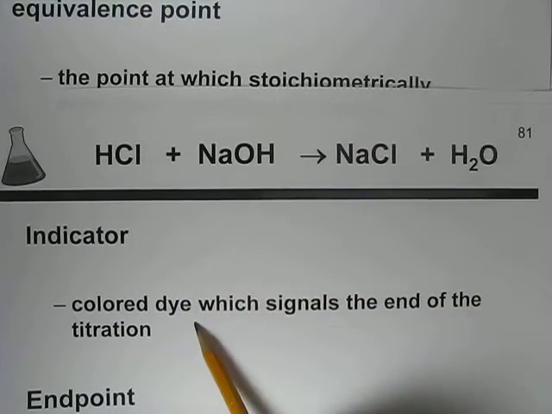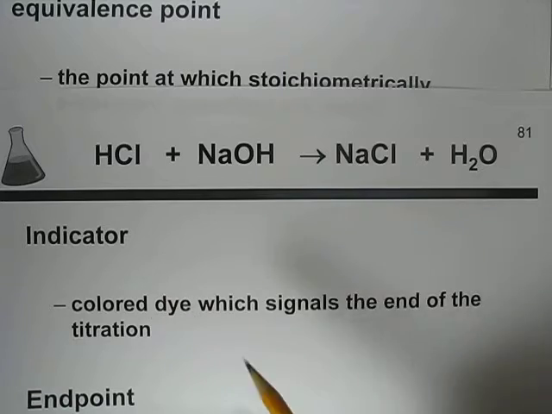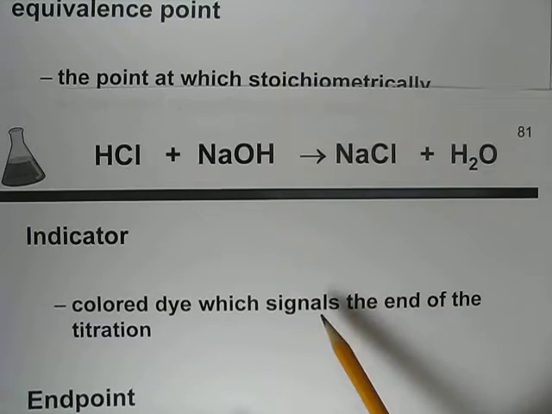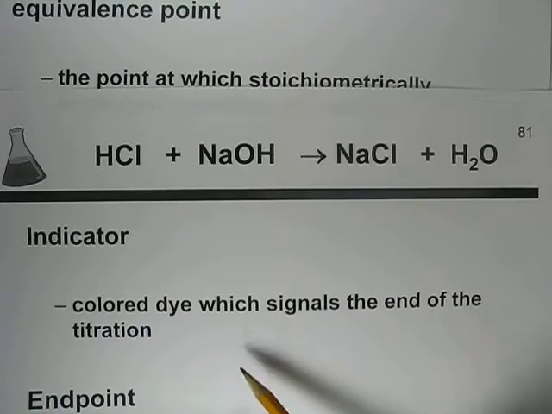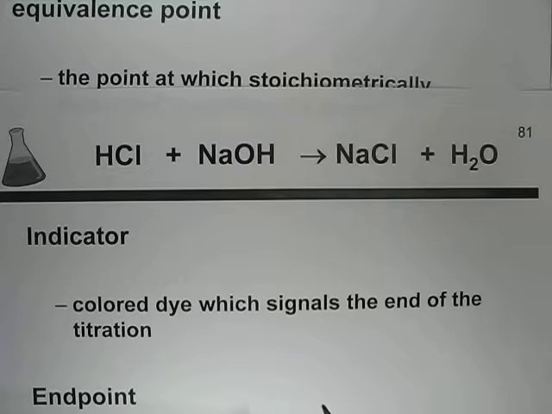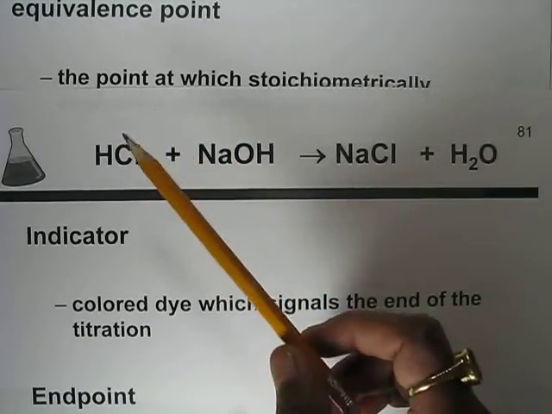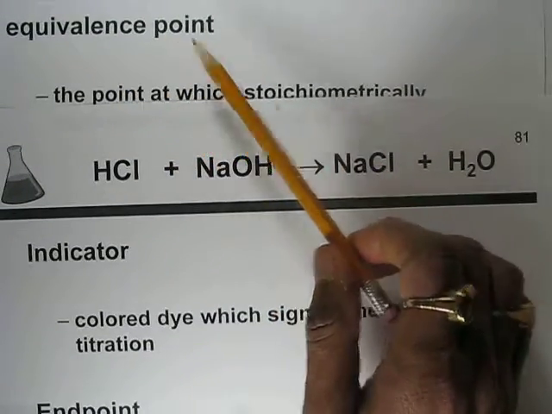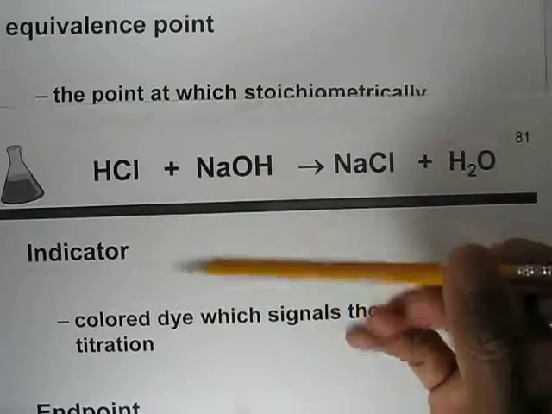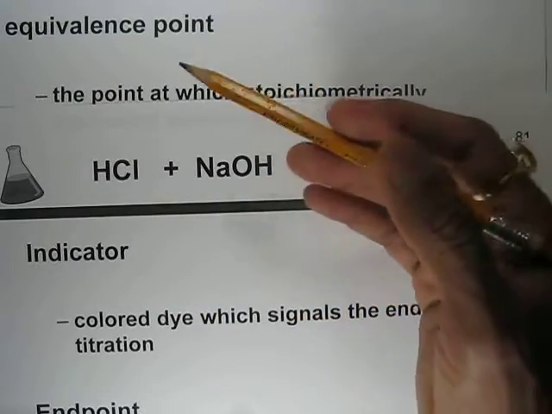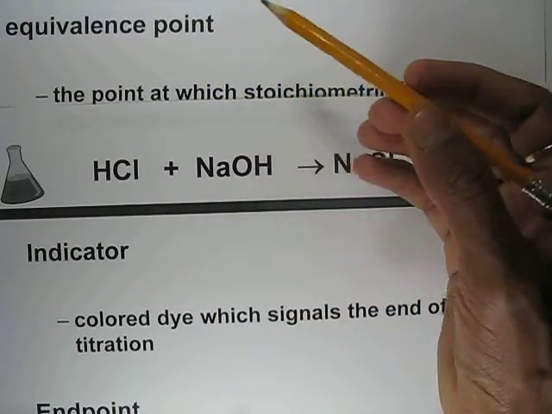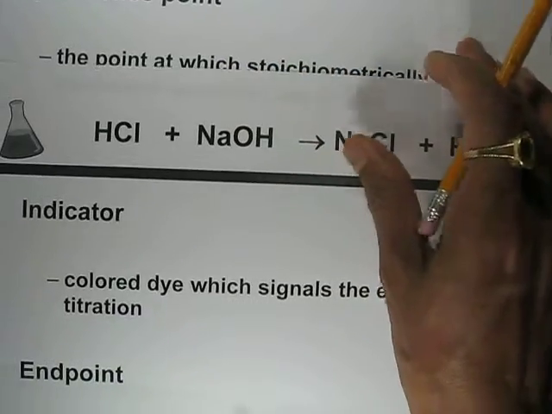Indicators are colored dyes which signal the end of the titration. They show that the titration is over and has reached its equivalence point. So the indicator helps us find the equivalence point.